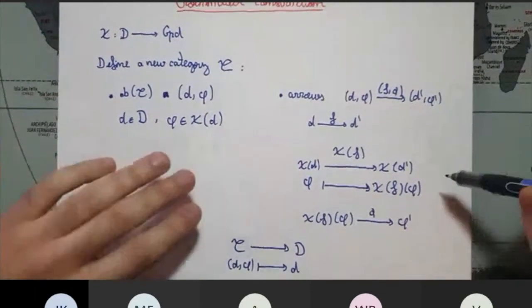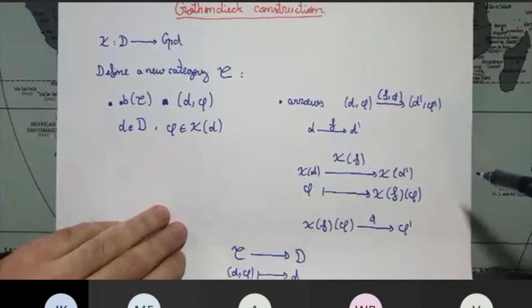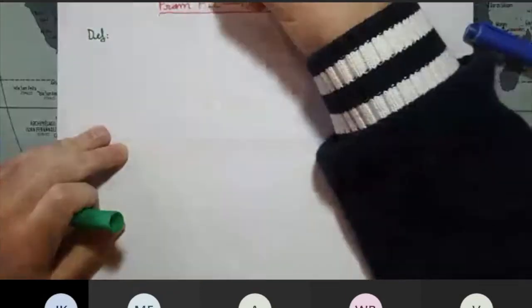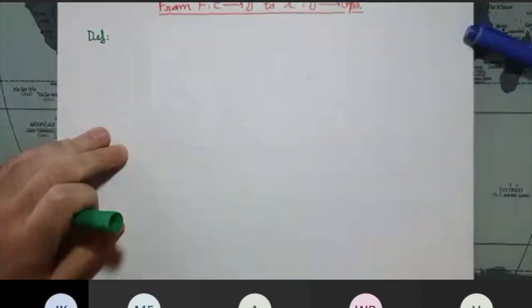So now we want the opposite construction, which we can only do when the functor F is a fibration.